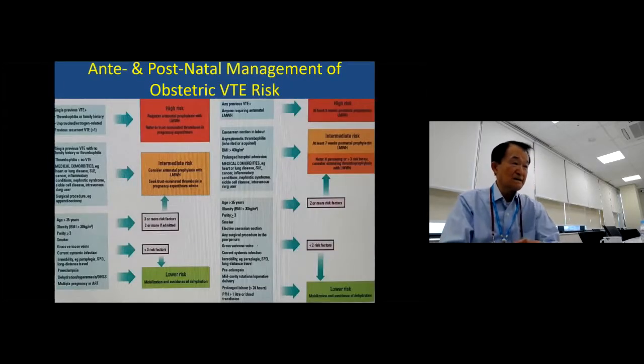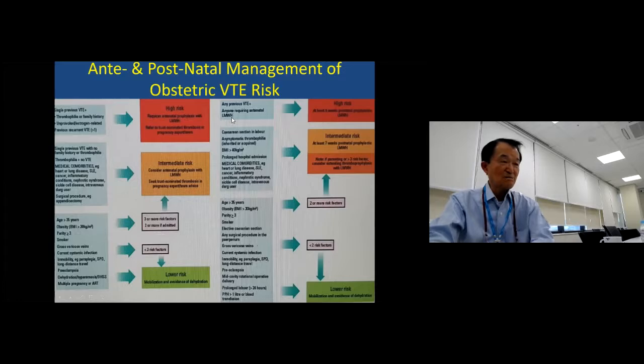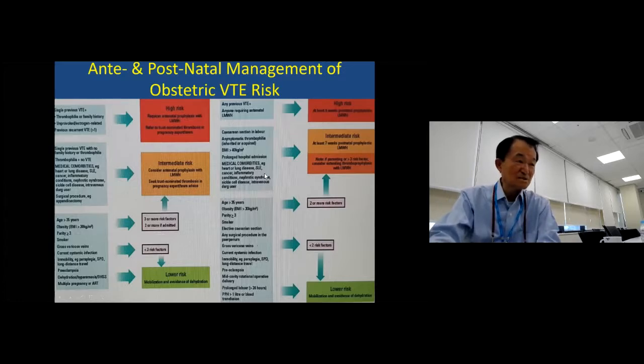So in an obstetric patient with venous thrombosis, you have to group them into high risk, intermediate, and low risk. For high risk, low molecular weight heparin is still used.